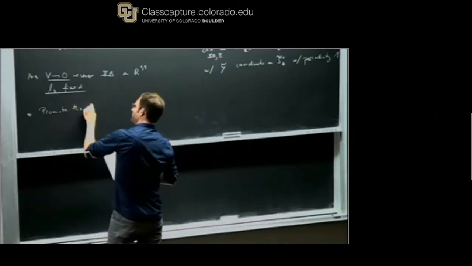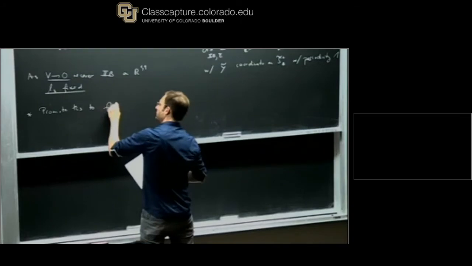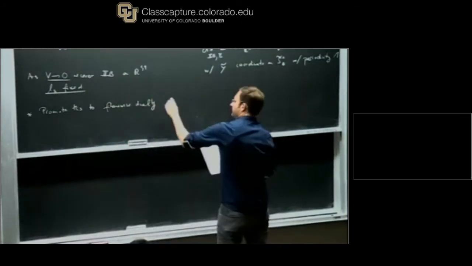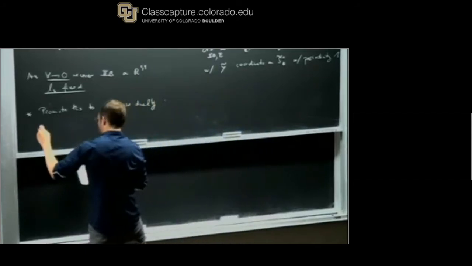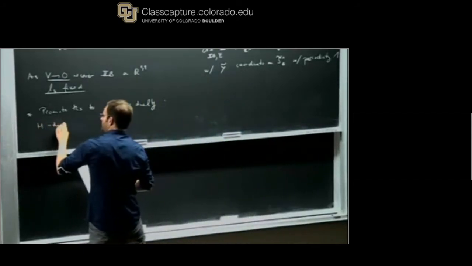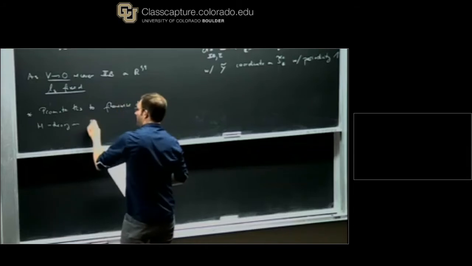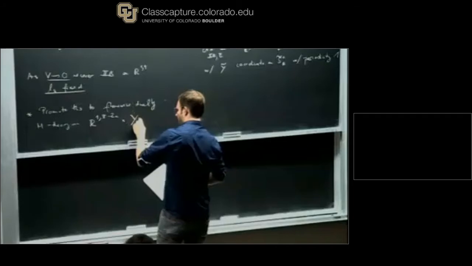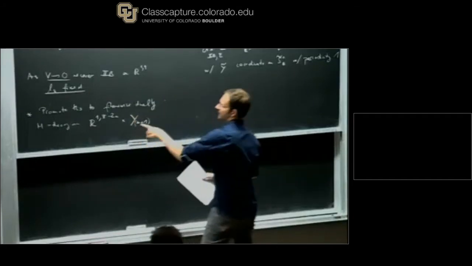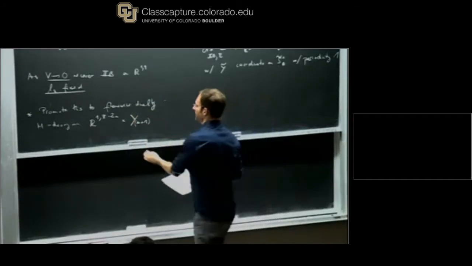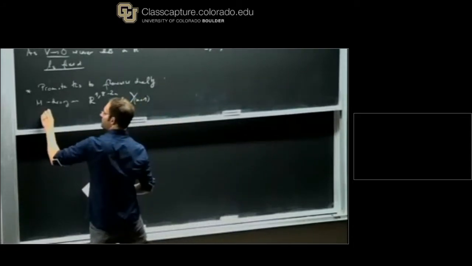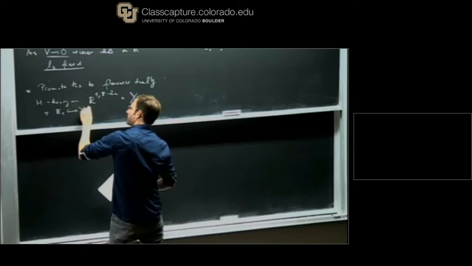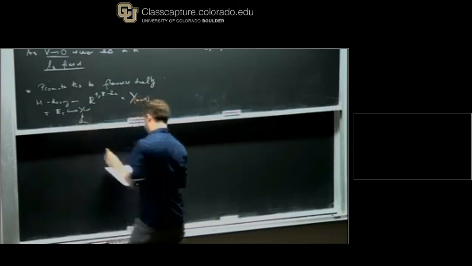So we would promote this to a fiber-wise duality, so we would have M-theory on R^{1,8-2n} times Y_{n+1}, complex dimension n+1, where Y_{n+1} is an elliptic fibration, pi: E_tau to Y_{n+1} to B_n.